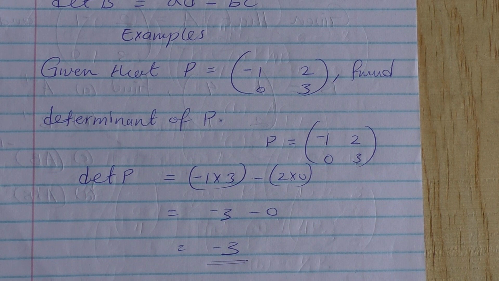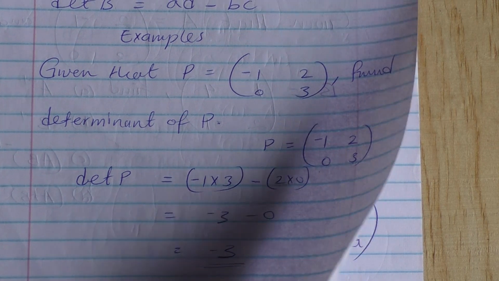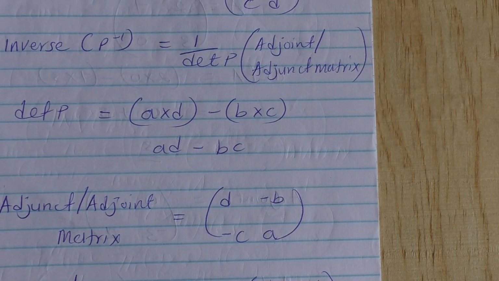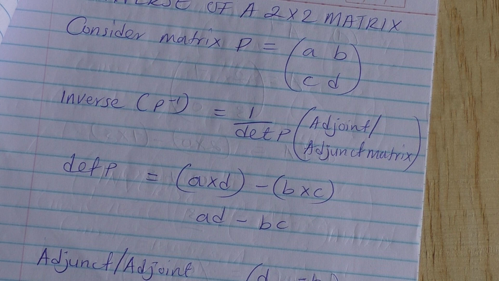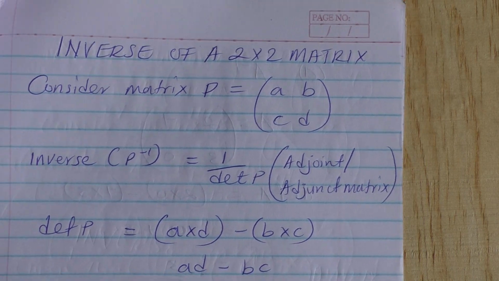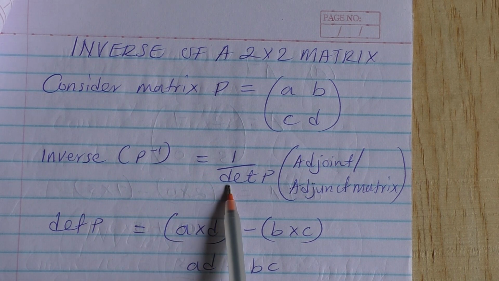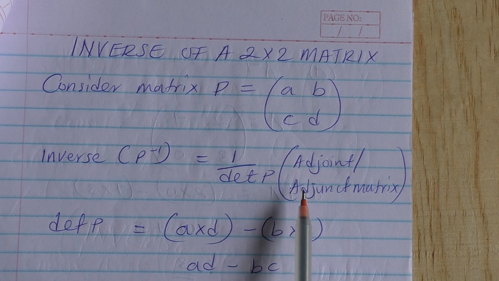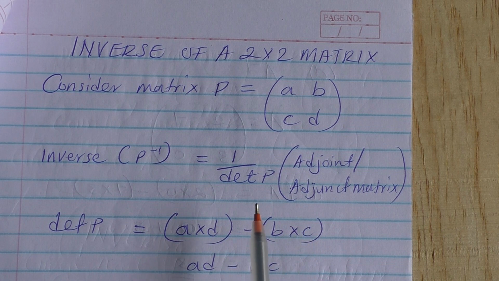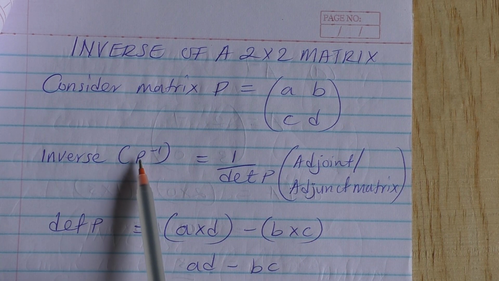Then after looking at how we get the determinant, let us also look at how we get the inverse of a matrix. The inverse of a matrix is given by 1 over determinant times the adjoint or adjunct matrix, and it is denoted by the matrix power negative 1.